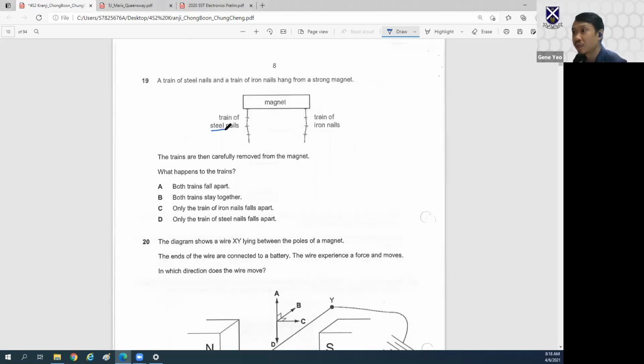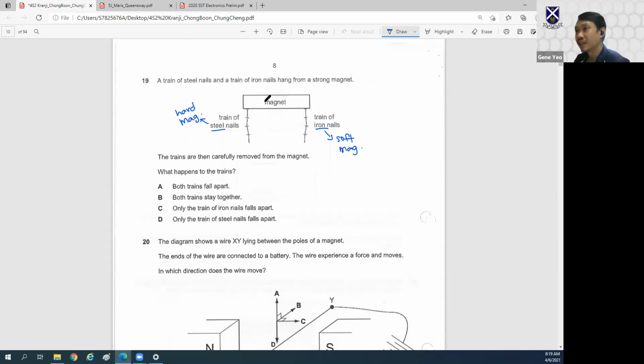So some of you will be saying, but steel is a hard magnetic material, okay? So this is a hard magnetic material. And iron is a soft magnetic material. So some of you will be saying that a steel will retain its magnetism more.